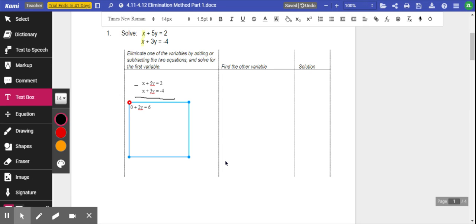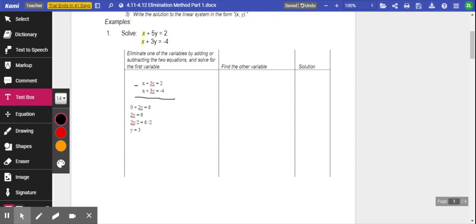So if we want to find out what y is equal to, because now we don't have any x's, we divide by the coefficient beside the y, that being 2. So 2y divided by 2 is y, and 6 divided by 2 is 3. So we've got y equals 3.